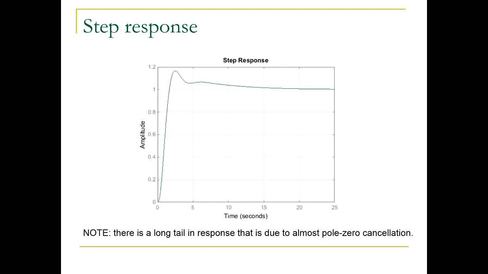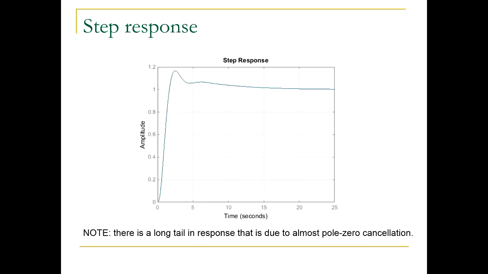Where the pole is slow, close to the imaginary axis, it will slowly decay. So the part of the step response corresponding to that pole will slowly decay. That's why you see this long tail there. By the way, depending on the application, this might be fine or it might not be fine.